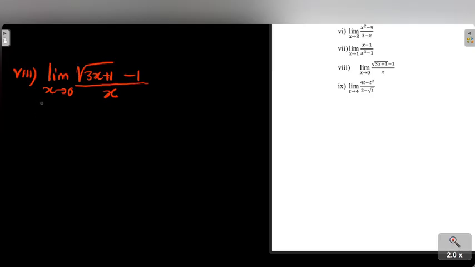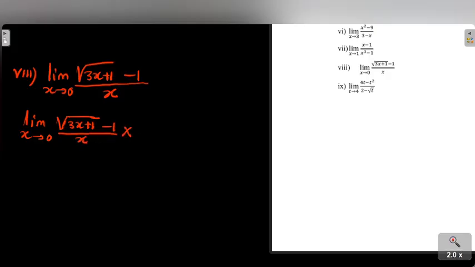So therefore, if this will be undefined, you are going to rationalize the numerator here. So it will be now the limit as x approaches 0 of the square root of 3x plus 1, then minus 1, over x.